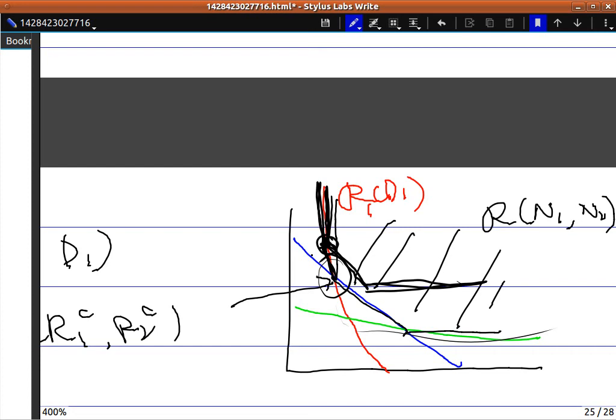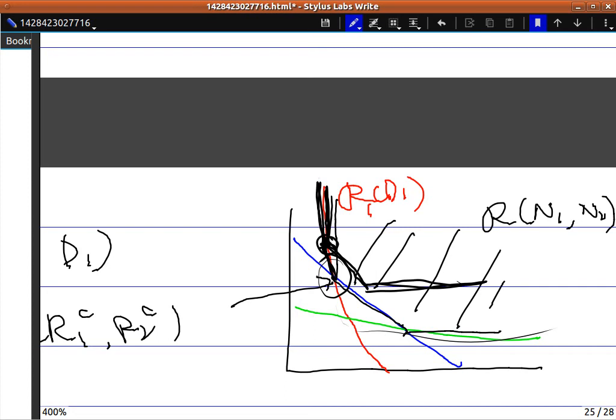So therefore, that point will be achievable because it's lying inside the Berger-Tung region for that M1 tutor, M2 tutor. And again, I can just keep changing this M1 tutor and M2 tutor, but as long as I change it in the sense that the distortion D1 is still satisfied, my entire curve here can be satisfied.